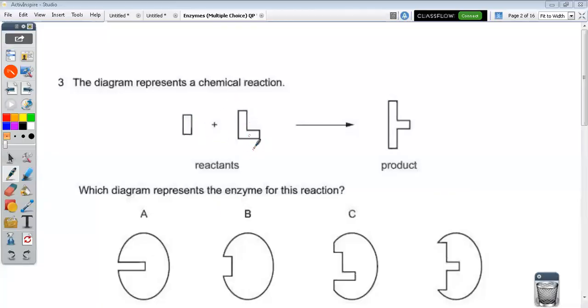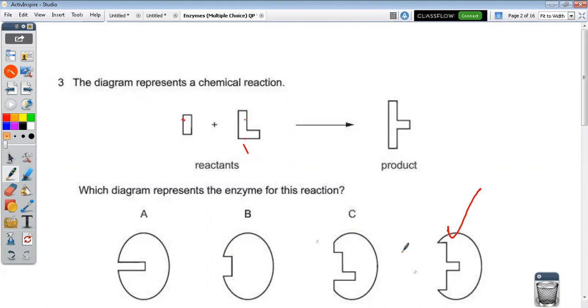Look at this shape, look at this shape. Which can fit? This cannot fit that and that, because the reactants have to fit. So which one is the best? This one will fit this, but it won't fit that. So what's the answer? E, fitting this and that.